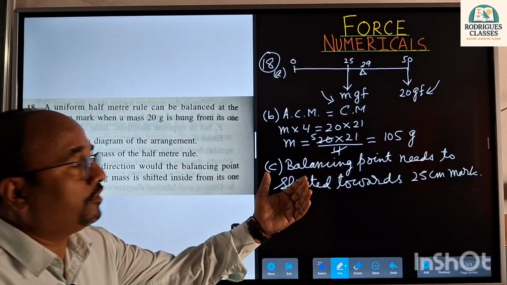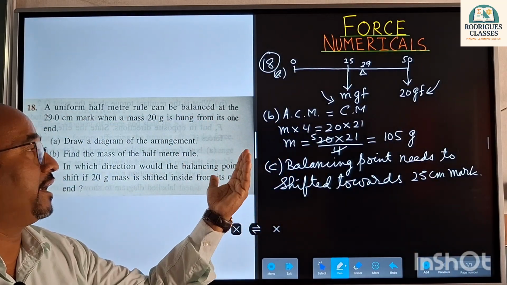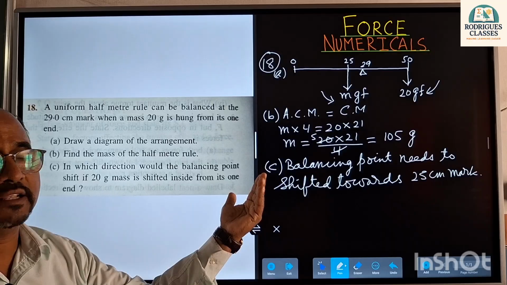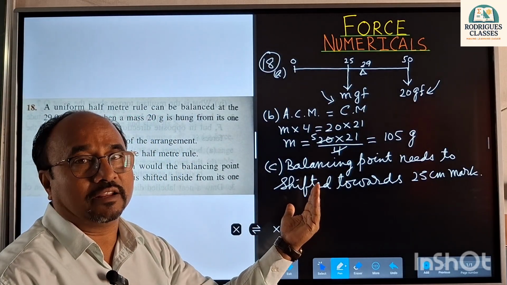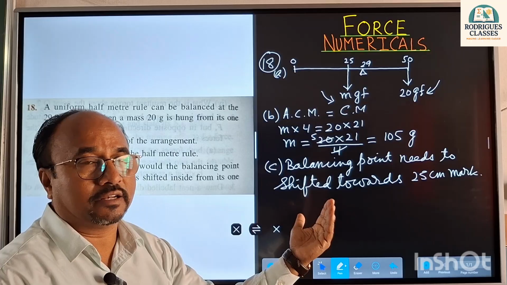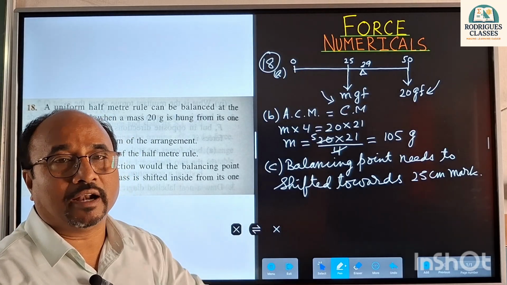So the moment you disturb 20 gram and take it this side, it will get unbalanced. But if you bring the balancing point towards 25 centimeter, you can again balance it. I hope this sum has been understood.